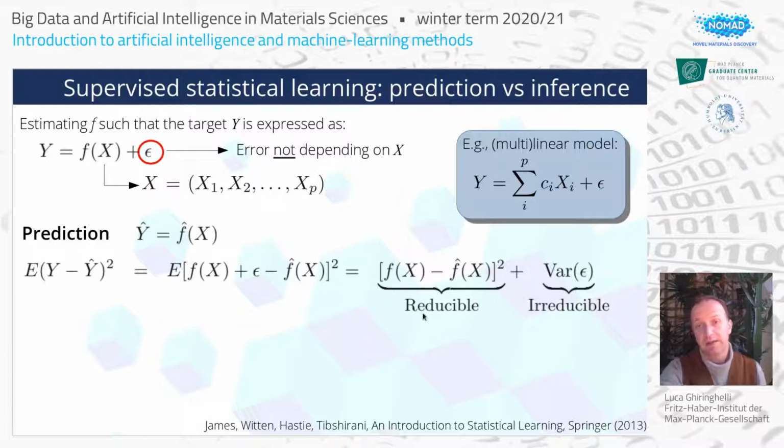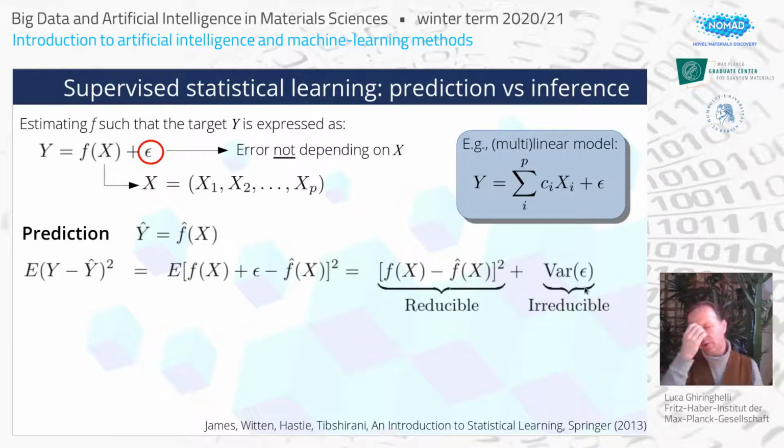One is the so-called reducible error, that is essentially the difference between the true function and the one fit from the data. And then there is some irreducible error that comes from what is not captured by X.